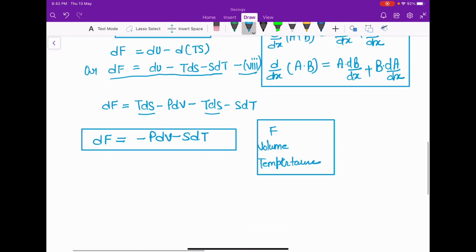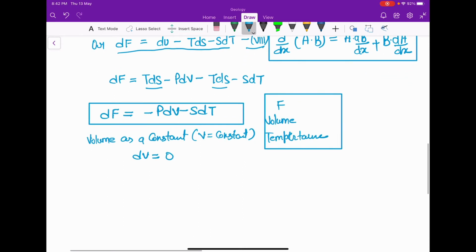If we consider volume as constant, then dV will be 0, because if something is constant, there will be no change.